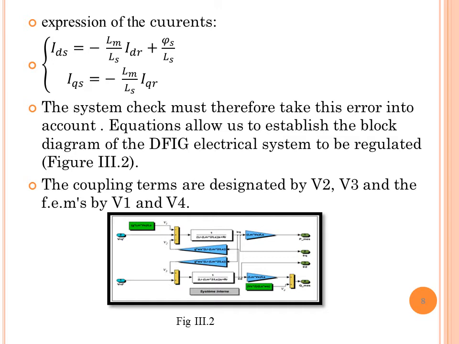Figure 2 shows the block diagram of the system to be regulated. The coupling terms are designated by V2, V3 and the EMFs by V1 and V4. EMF means force électromotrice in French.